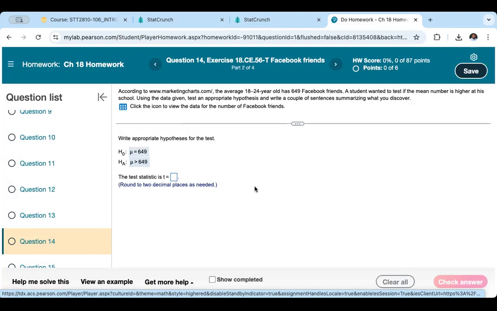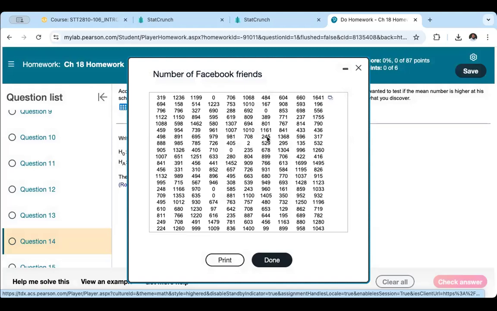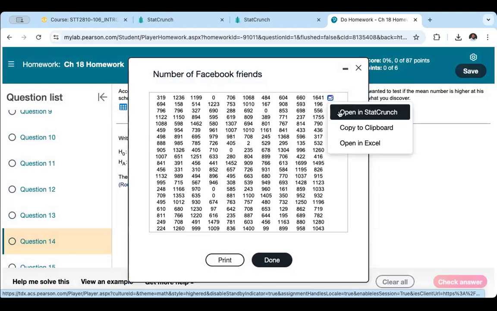Let's proceed. What is a test statistic? So here you'd have to click on this to view the data. So we click on that, and then I click on this, and then you can open in StatCrunch. Is that okay?